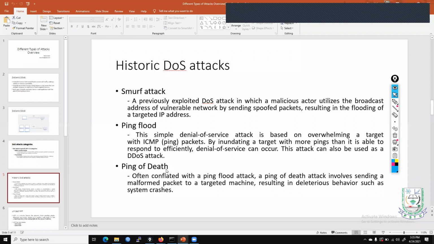The main goal of the attack is to make the target inaccessible to normal traffic, disrupting the network services using ICMP. And when the attack traffic comes from multiple devices, the attack becomes a DDoS. We already said that. So how does the ping flood attack actually work?